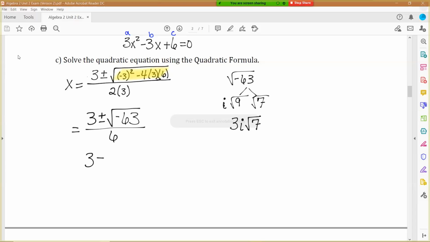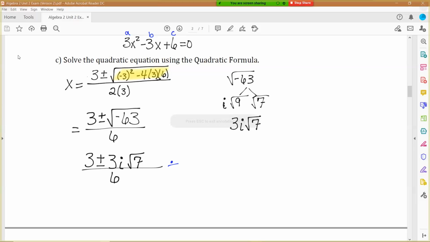So I'm going to go back to my problem. I'm now going to have 3 plus or minus 3i times the square root of 7, because that's what the square root of negative 63 simplified to, all divided by 6. The last thing you have to do is check to see if this reduces. Does it reduce? Yes.